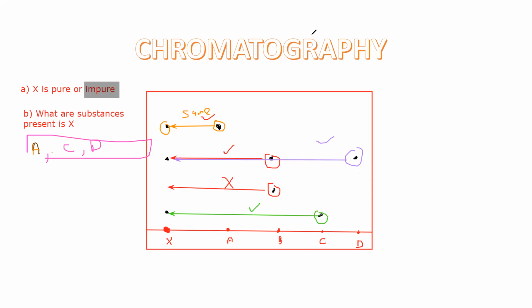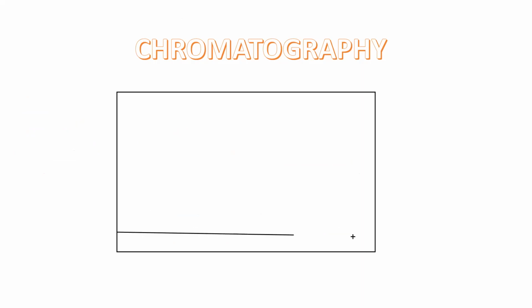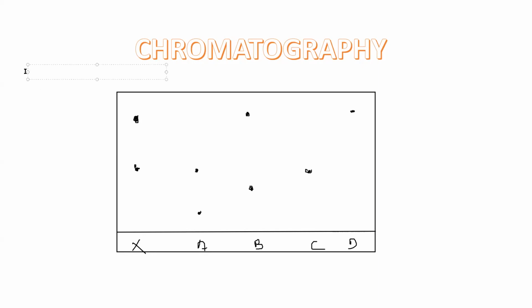So another example. This one is X, A. So first thing, X is impure.